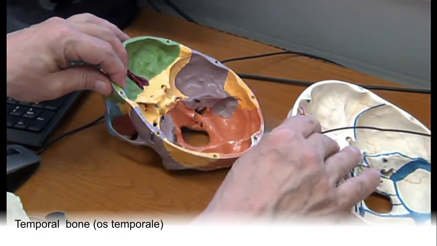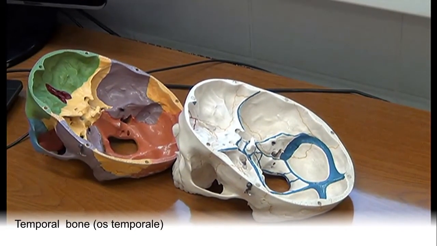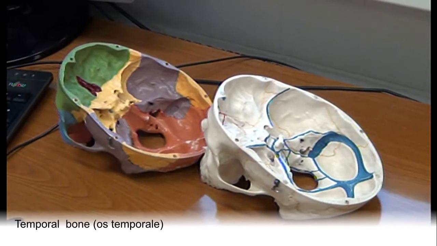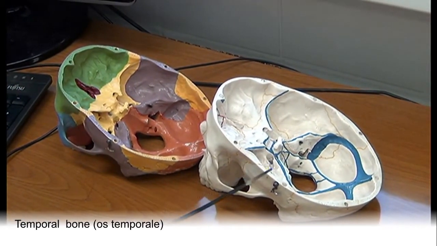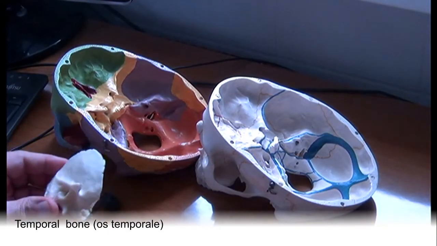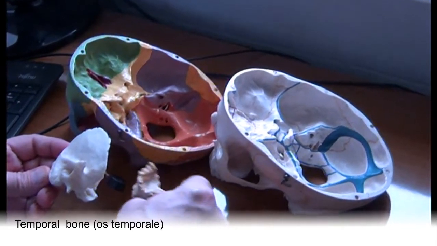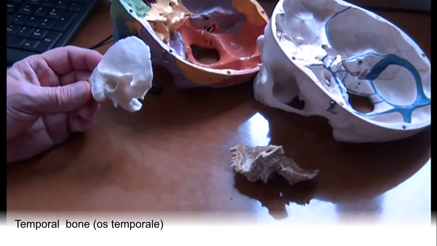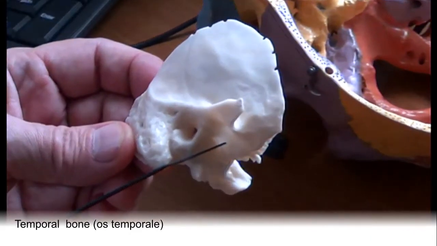And now we shall compare these two large specimens of the skull with single bones. This is right temporal bone.